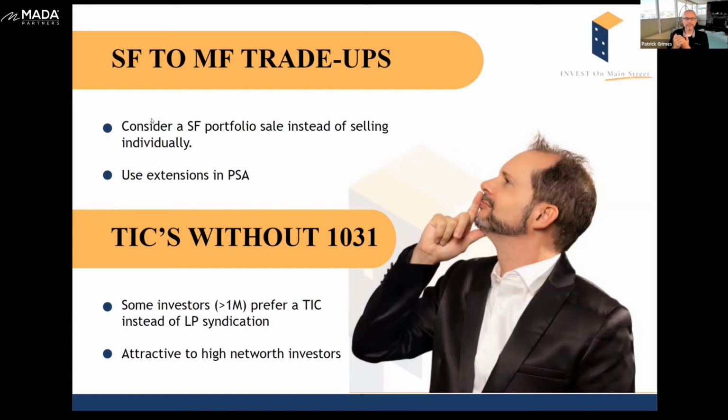Why? They don't want to have to 1031 exchange with you going forward. They don't want to be in a position where they're under your control with the future of their dollars. They don't want to be married to you. And so essentially what they'll do is set up a tenants in common, just like shown.